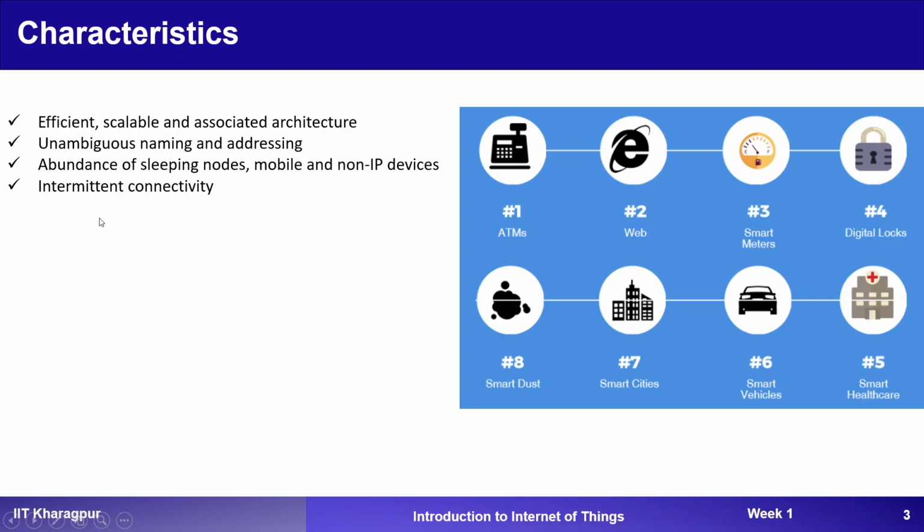The next one is intermittent connectivity. In an IoT network, it is not always compulsory that all the devices are connected with each other regularly. There might be a possibility that a connection is established between two devices, and after that the connection is disconnected. So there is intermittent connectivity.